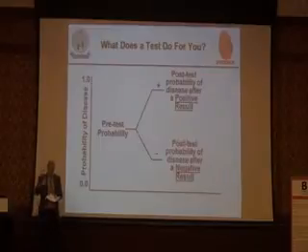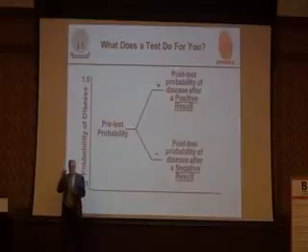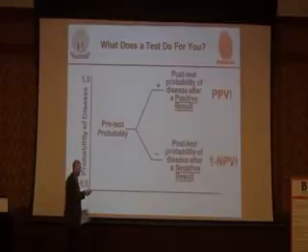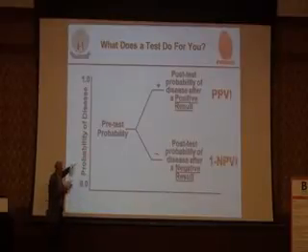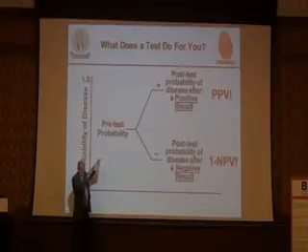It's the positive predictive value. What's this one? The post-test probability of disease given a negative test. 1 minus the negative predictive value. Very good. So now what we're going to do here, we're going to start with some pretest probability. If we have a positive test, the probability of disease is going to go up. And if we have a negative test, the probability of disease will go down.